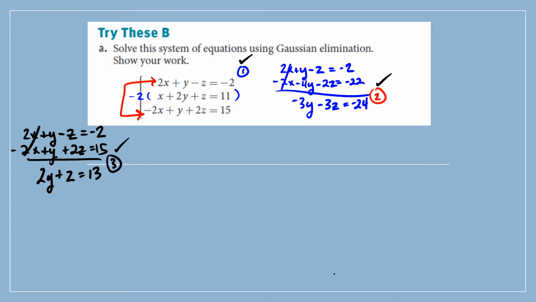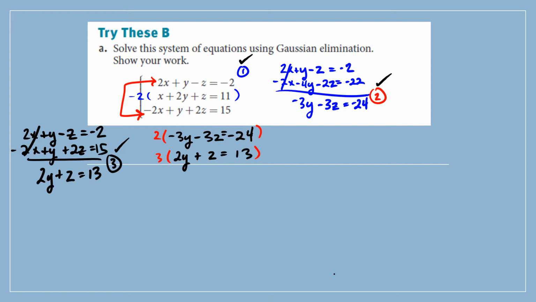Now I'm supposed to use equation 2 and 3 to eliminate y. So if I stack those up, I would have negative 3y minus 3z equals negative 24. And the other one is 2y plus z equals 13. To make my y's eliminate, I could multiply the bottom one by 3 and the top one by 2.